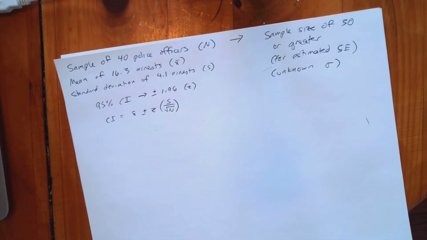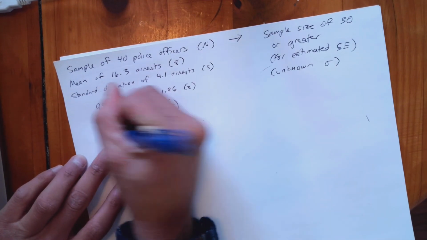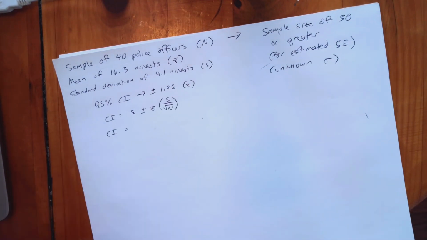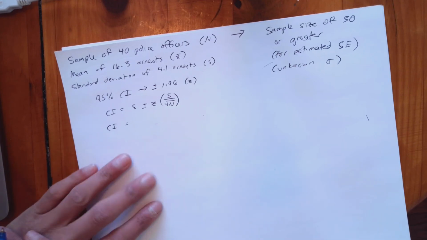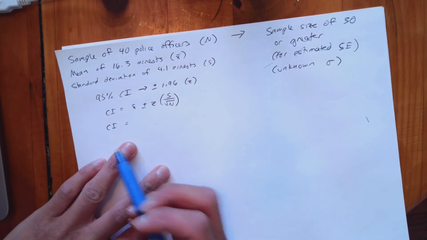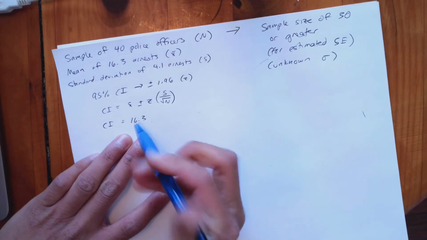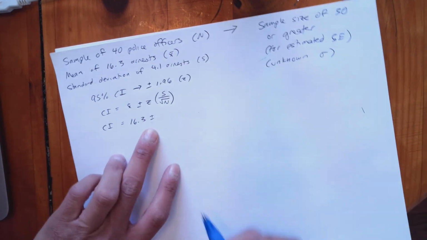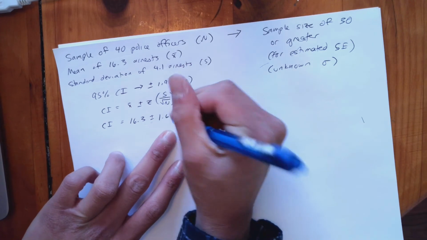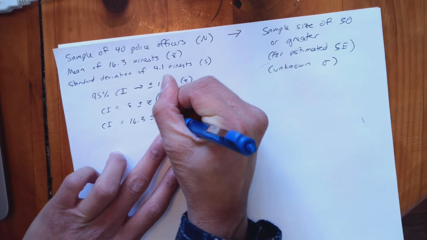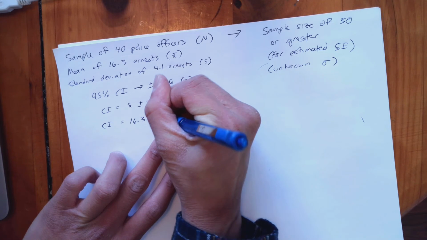So all that's left to do is plug this stuff in. Our confidence interval for the true mean number of arrests made by police officers based on this sample of 40 is going to be based on 16.3 for x bar, plus or minus our critical value of z, which is 1.96. I swear I'm not actually drunk when I do this. Okay, 1.96.